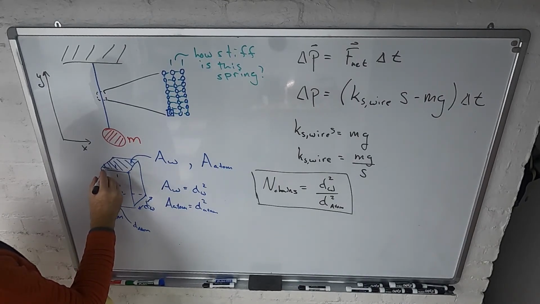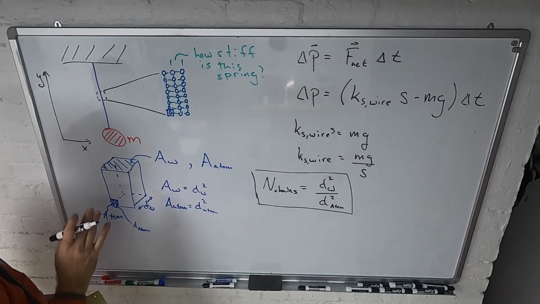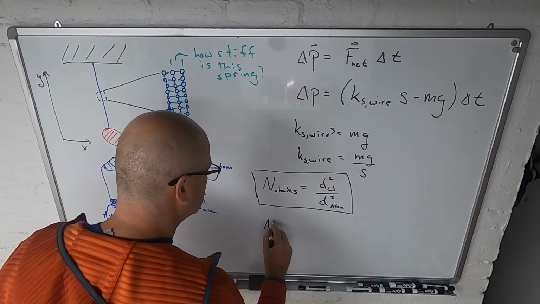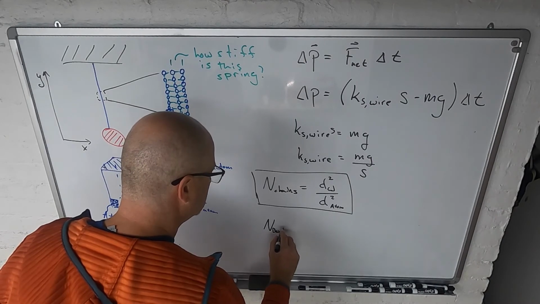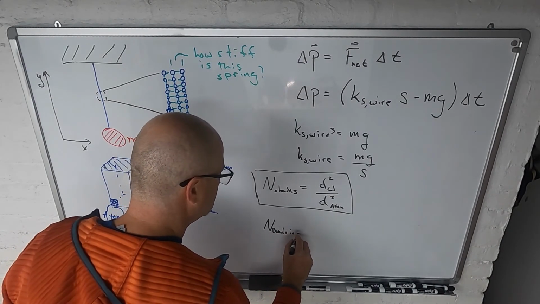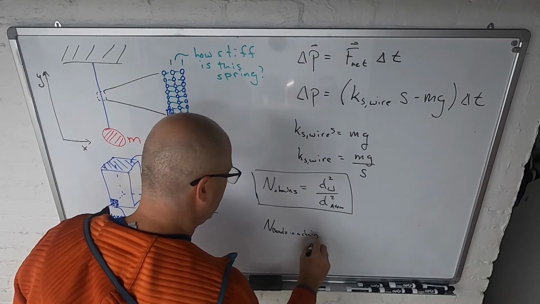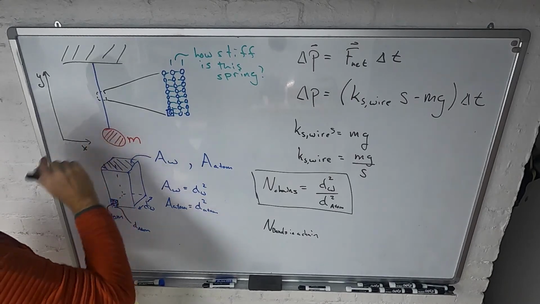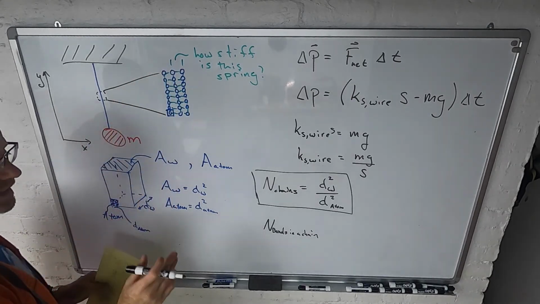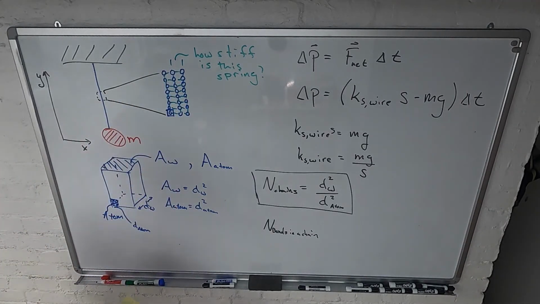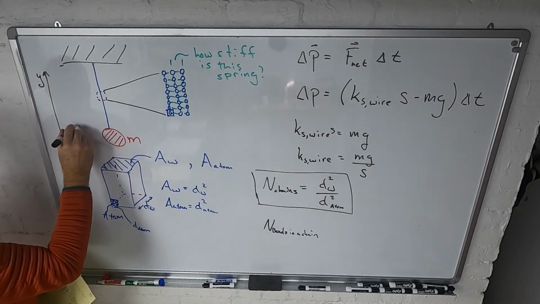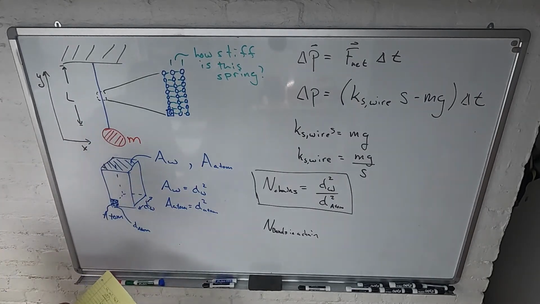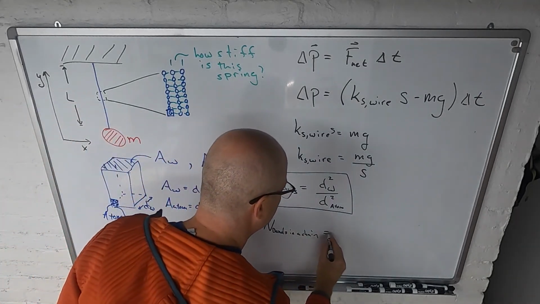Then I can grid that. Now what I really want to know, the other thing, is the number of bonds in a chain. How many bonds are there to go from the top of my wire to the bottom of my wire? I just need to count them. The way I would count them is I would take the length of my wire and divide that by the diameter of an atom.